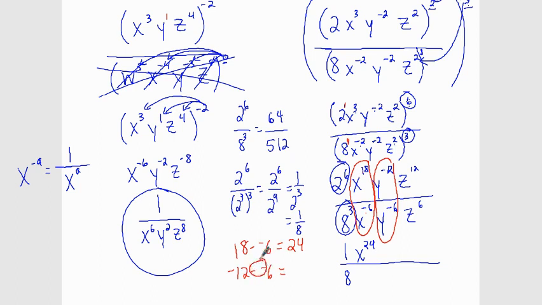So this is plus right here, and that gets us a negative 6 overall. Now that can automatically be kicked to the denominator. So that's y to the positive 6. And then we've got the z's, which are nice and positive. So that's 12 minus 6 equals 6. We get z to the power of 6, and then we are done.